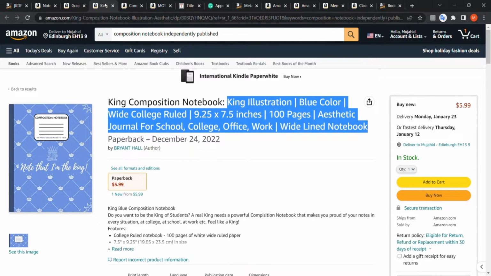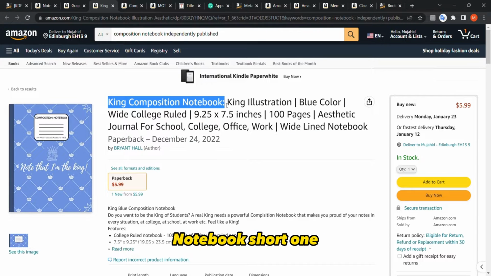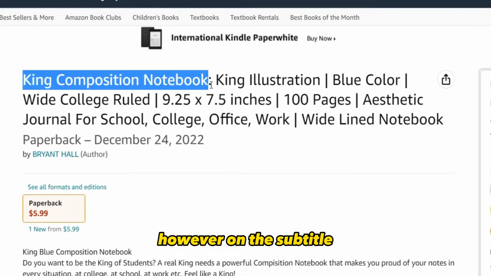So here, for example, the title is great: King Composition Notebook, short, one main keyword. That's really good. However, the subtitle is not a sentence. Make it a sentence or 2 sentences at most.